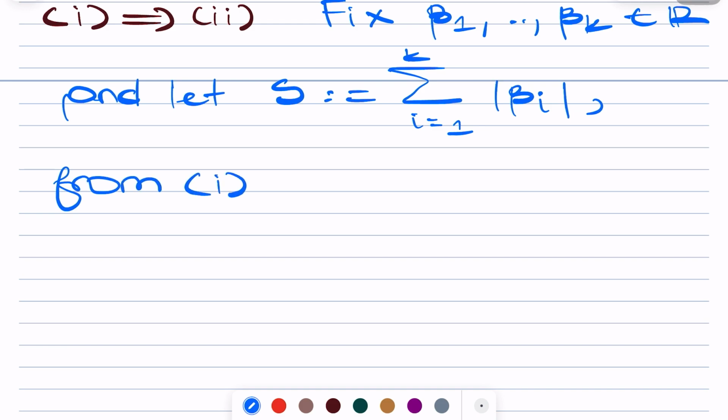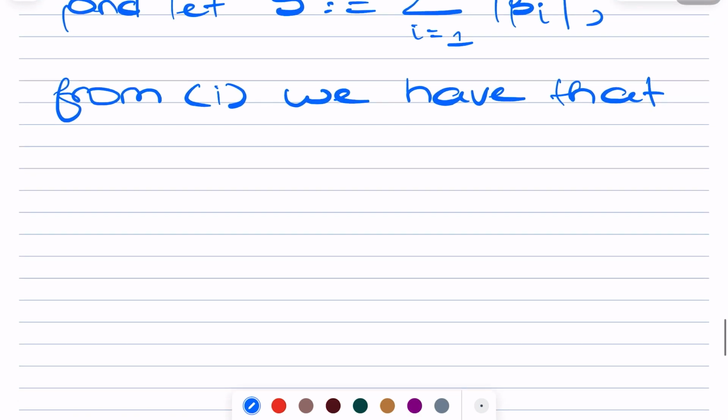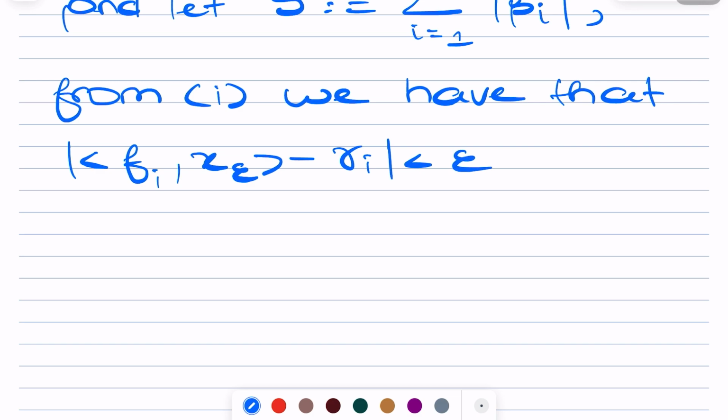you have that, just rewrite the assumption of the dual pairing, you have the existence of x epsilon. So this dual pairing minus gamma i is strictly less than epsilon for every i moving from 1 up to k.